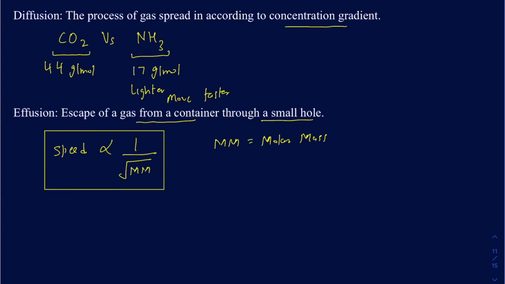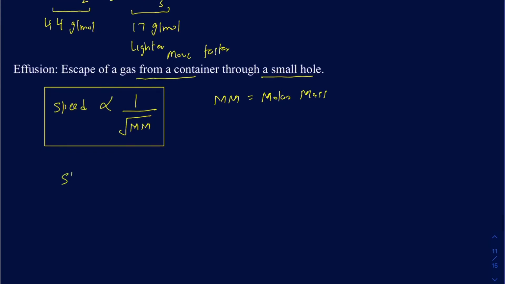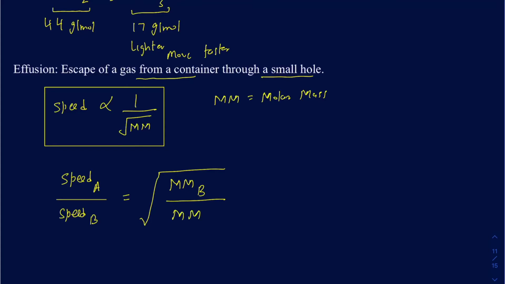What's more important in this case is comparing the speed of two gases. Suppose we have gas A and gas B. The ratio of the speed of gas A divided by the speed of gas B is equal to the square root of the molar mass of gas B divided by the molar mass of gas A. Keep in mind the speed and the molar mass must be inverse to one another, so if I put the speed of gas A in the numerator, then the molar mass of gas A must be in the denominator.